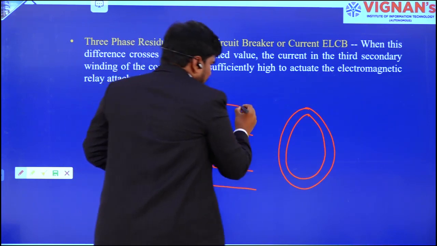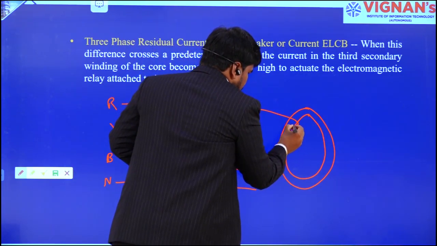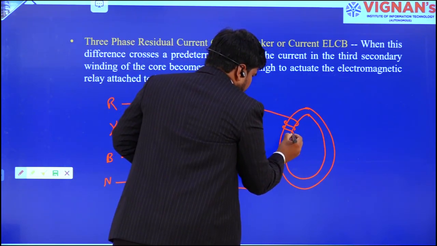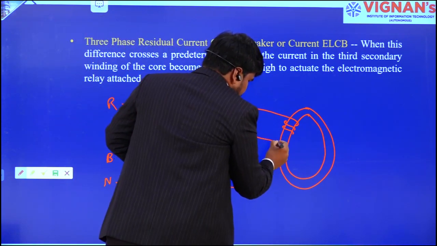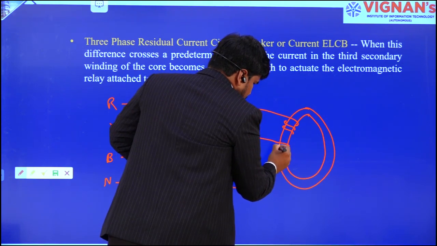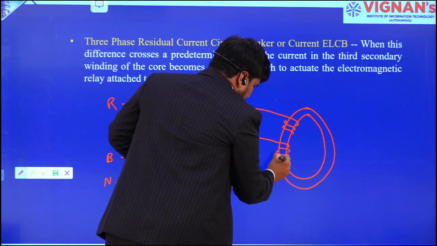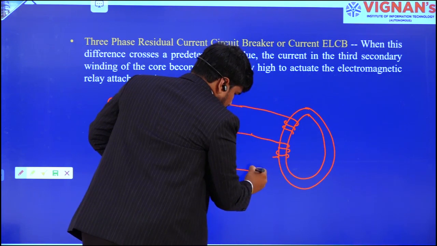All these coils will be wound on the same core such that each MMF opposes the others.